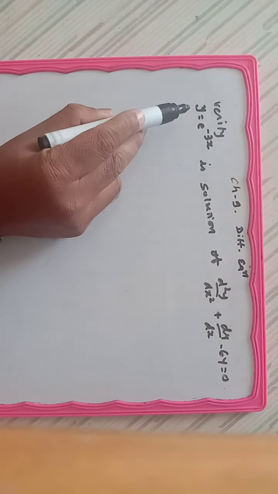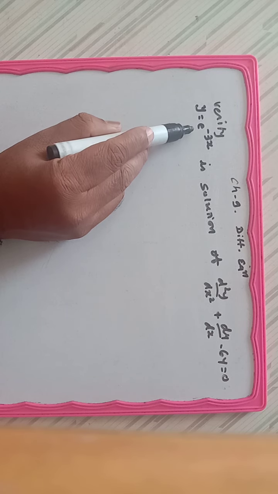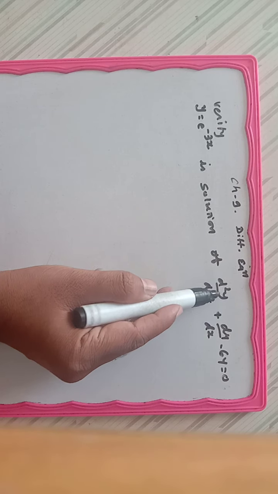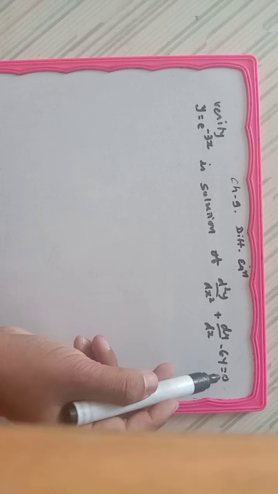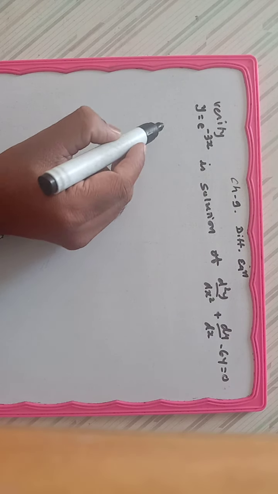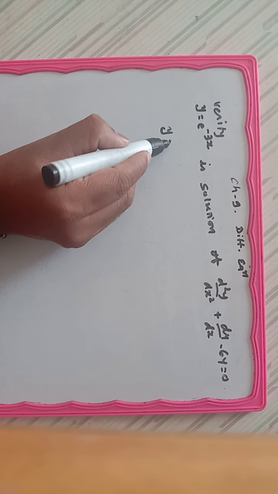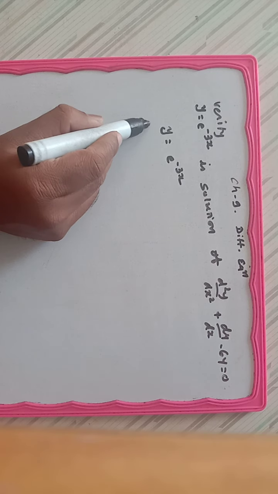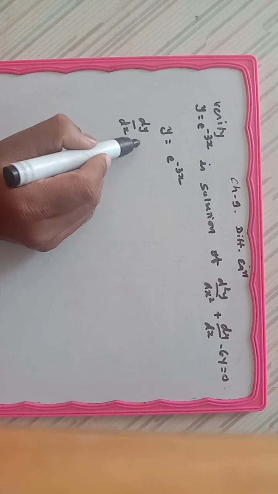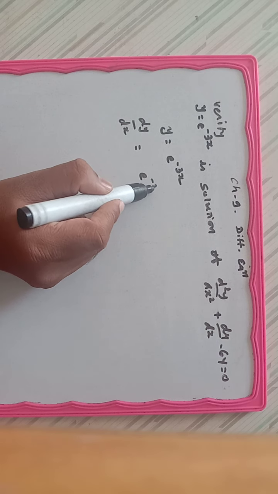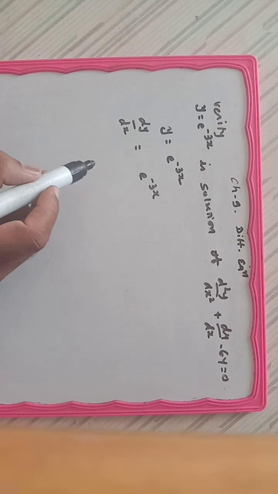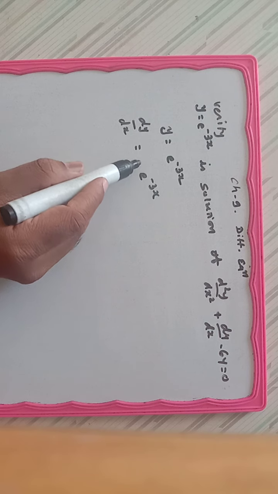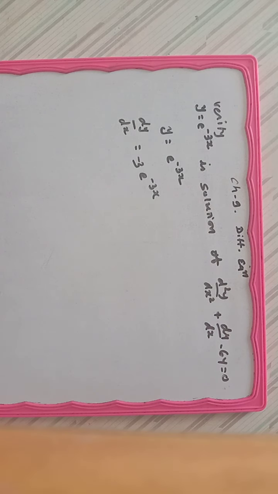So now we will verify that y equals e raised to minus 3x is a solution of d square y by dx square plus dy by dx minus 6y equals 0. We are given y equals e raised to minus 3x. Its first derivative we take, then we know the derivative of e raised to minus 3x is e raised to minus 3x, and the derivative of minus 3x is minus 3, so it is minus 3 e raised to minus 3x.